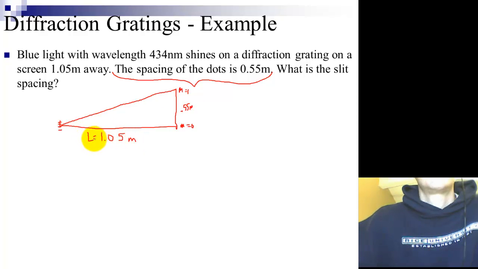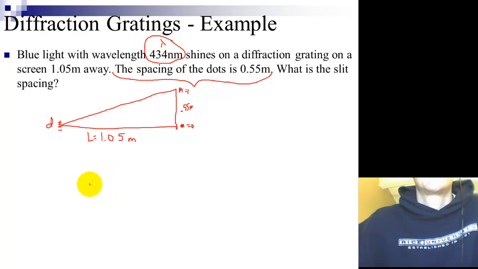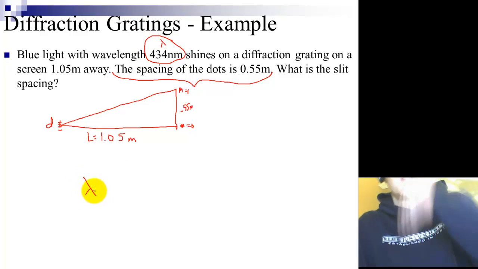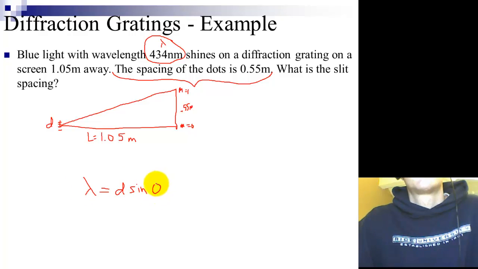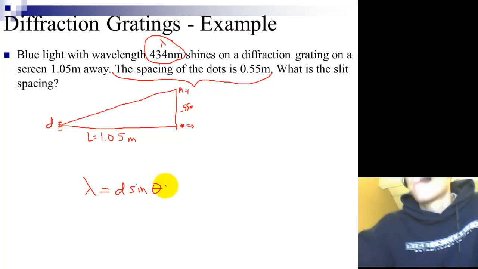This is our L. Over here we have the distance between all the little slits, d, and then we have the wavelength, lambda, right there. Okay, so we can say that lambda equals d sine theta. So we need to figure out what this angle is in order to find d.